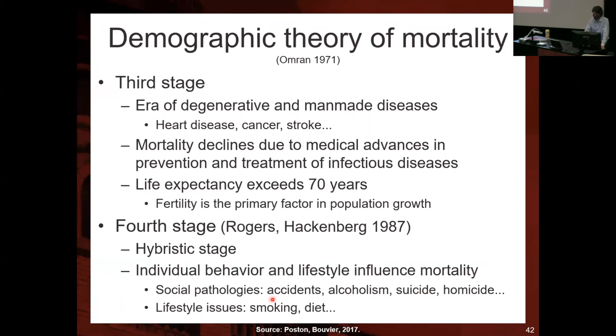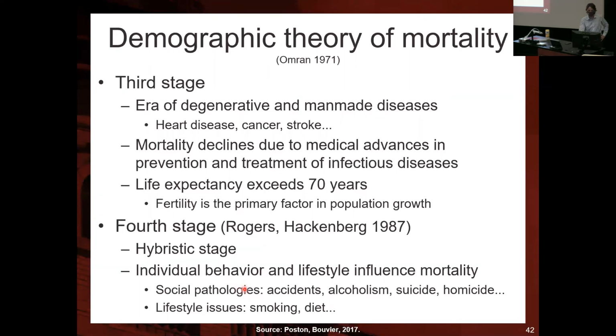So social pathologies, accidents, alcoholism, suicide, homicide, lifestyle issues like smoking, diet, all these different factors that vary within societies and even between individuals start being more influential, because mortality is so low now that these individual behaviors cause some differences in the chances of living longer, right?